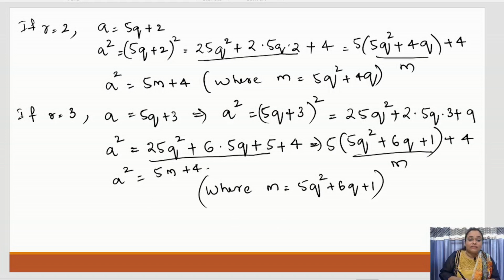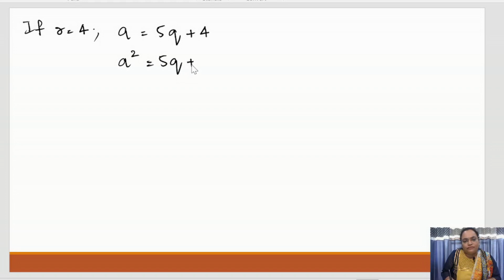Okay. So in the same way, the last one, if we take r = 4, you will have a = 5q + 4. Then do squaring on both sides: (5q + 4)².